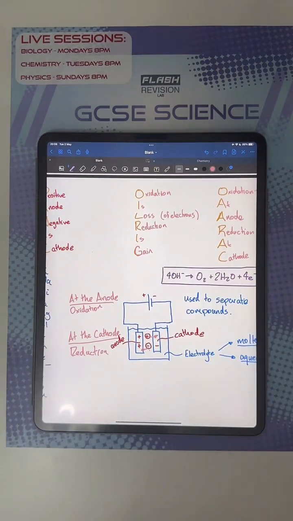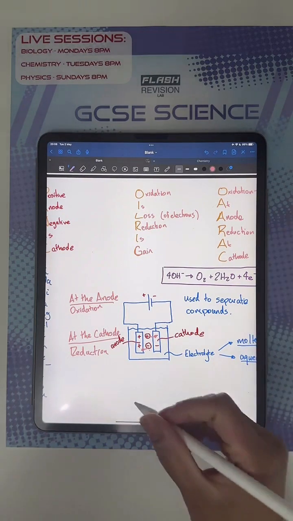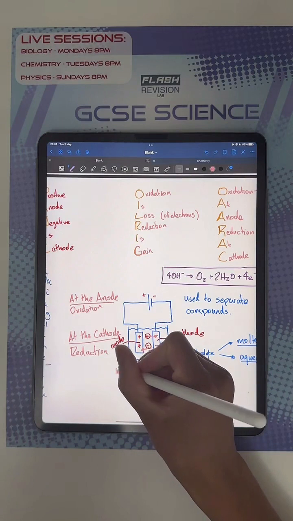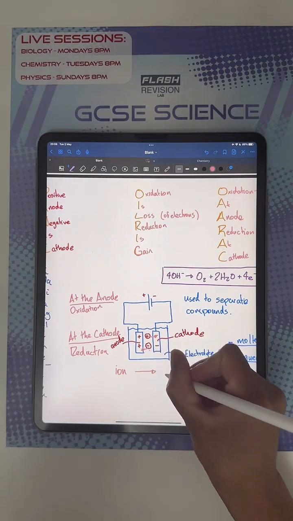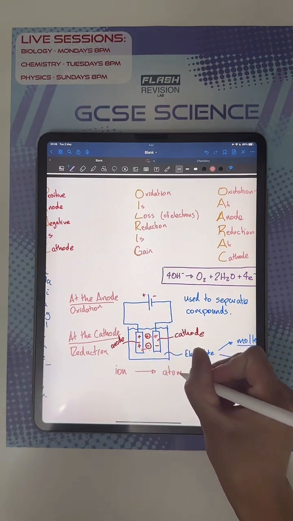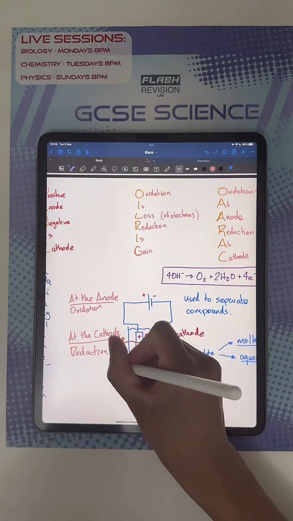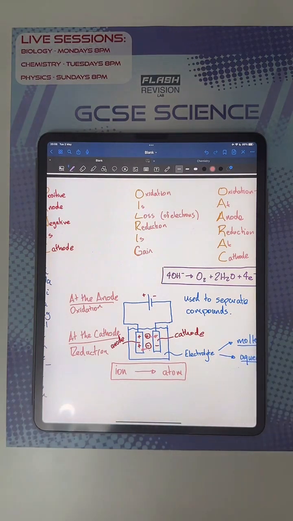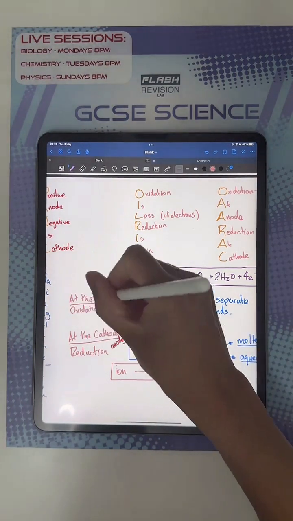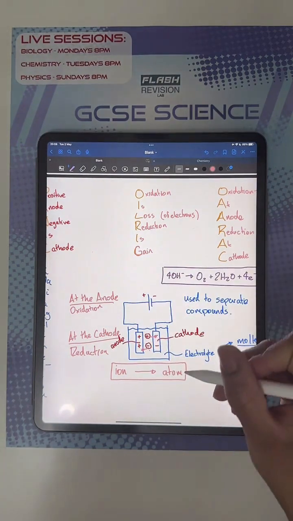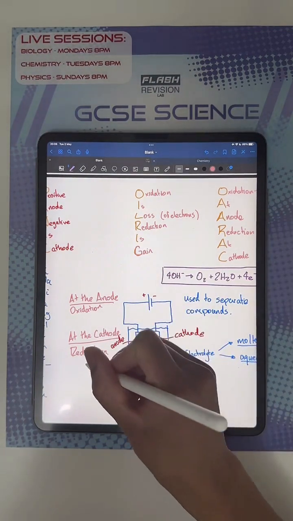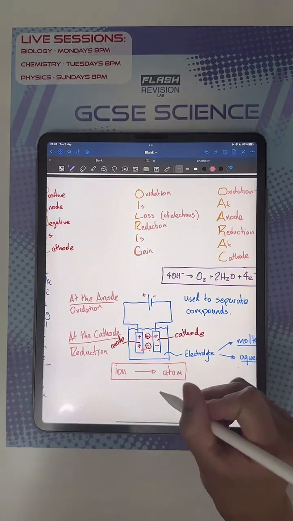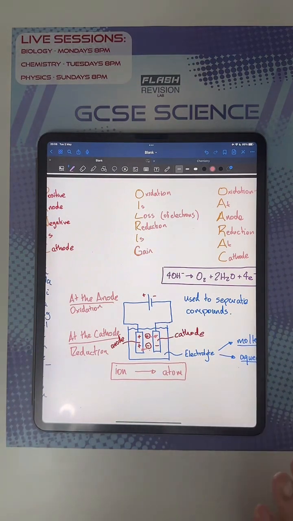At both of these electrodes, the same thing always happens: you always go from an ion to an atom. No matter whether it's positive or negative, you start off with an ion and you end up with an atom. At the anode, you oxidize the negative ion to become an atom. At the cathode, you reduce the positive ion to become an atom. So the end goal is always to get an atom.